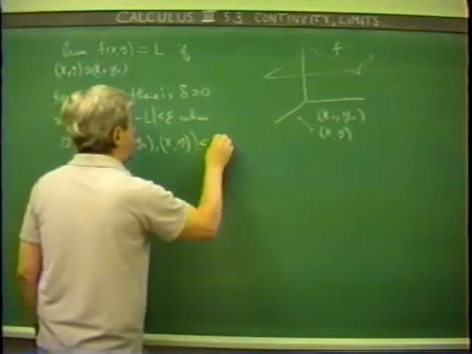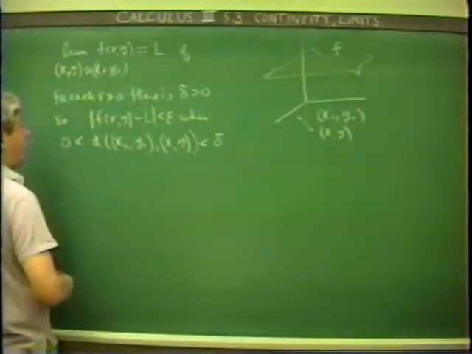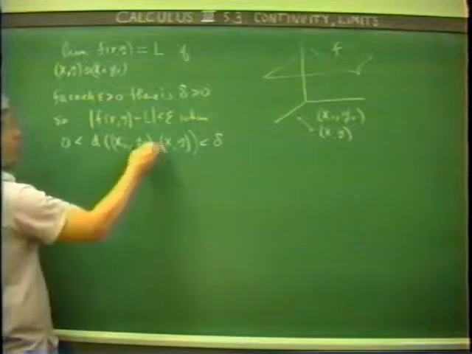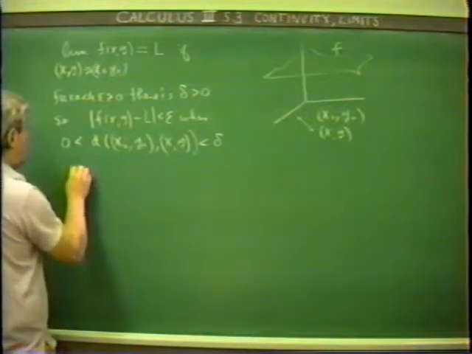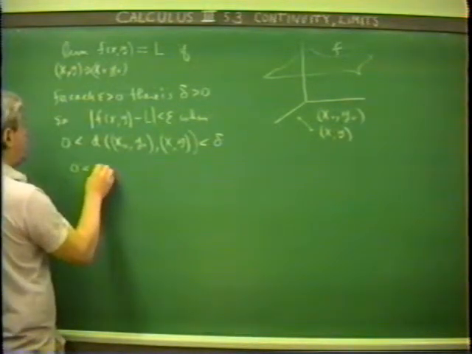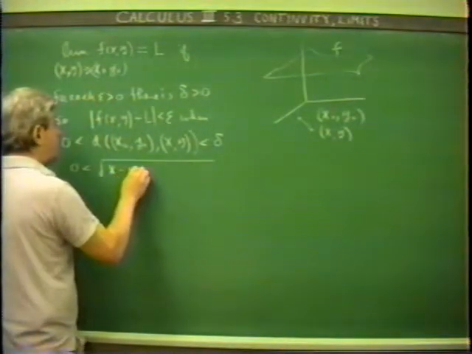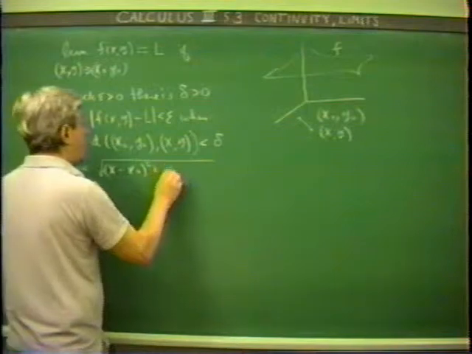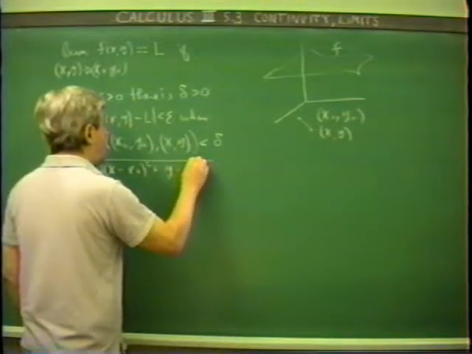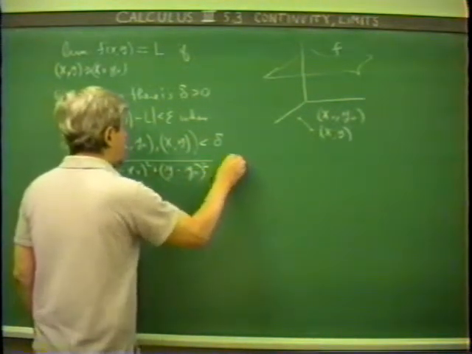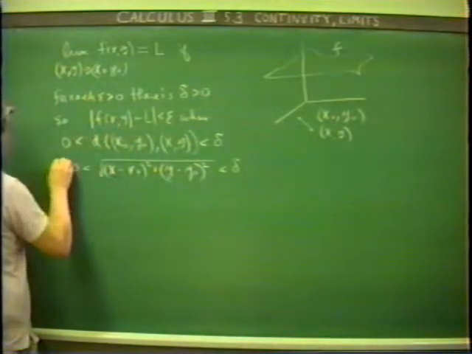That's to say, and is less than delta. That's to say, x, y is supposed to be close to x naught, y naught. We could write this in terms of the distance by writing that this is when 0 is less than the square root of x minus x naught squared plus y minus y naught squared is less than delta.